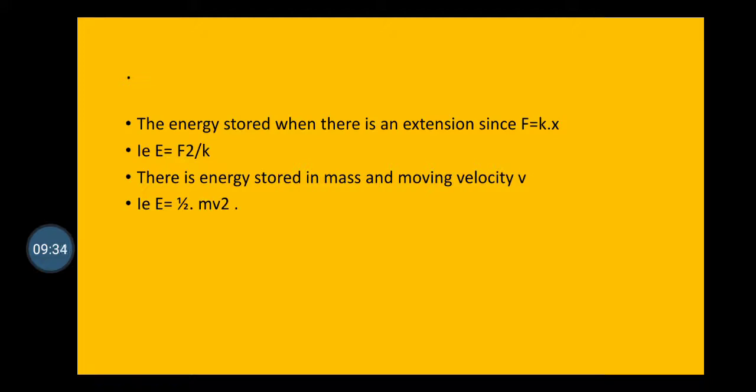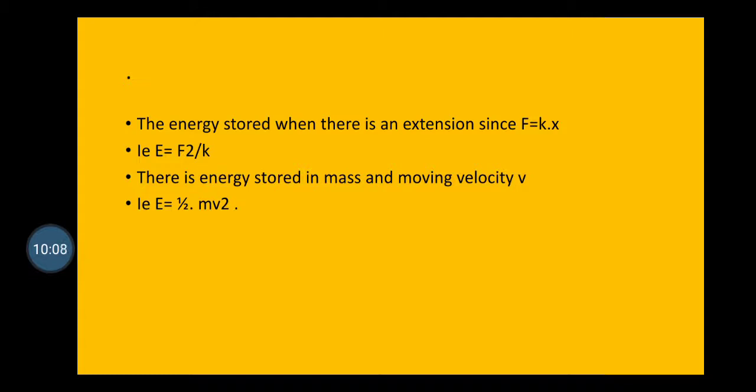The spring, when stretched, stores energy, the energy being released when the spring goes back to its original length. The energy stored when there is an extension x is 1 by 2 k x square, where F is equal to k x. This can be written as E = 1 by 2 F square by k.